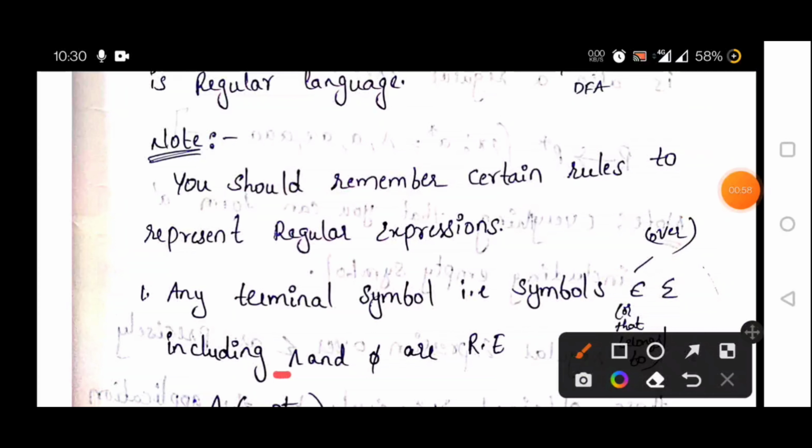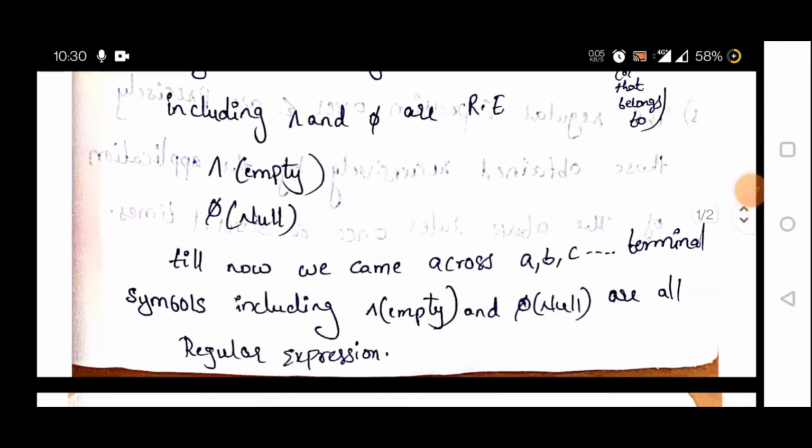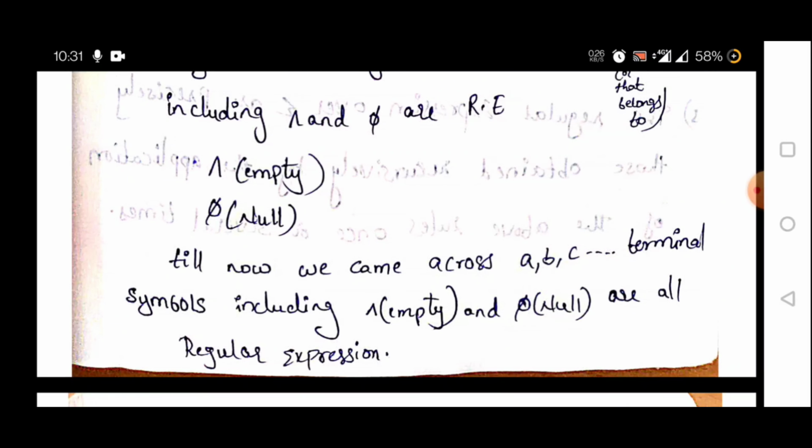This we can call the epsilon symbol. The epsilon symbol and phi symbol are also regular expressions. Till now we came across a, b, c as the terminal symbols. Now you should include the empty symbol and phi symbol as regular expressions too. So all of these are regular expressions.